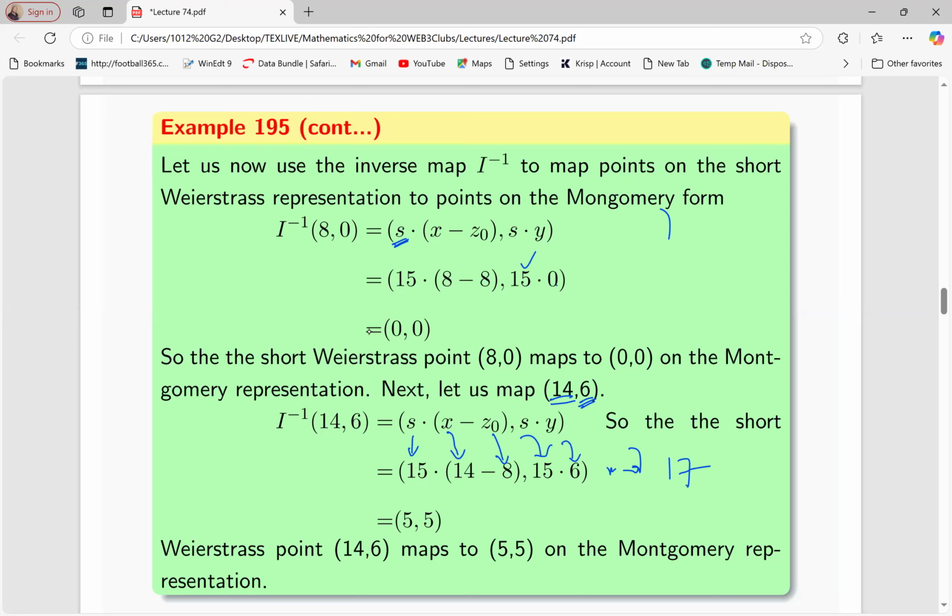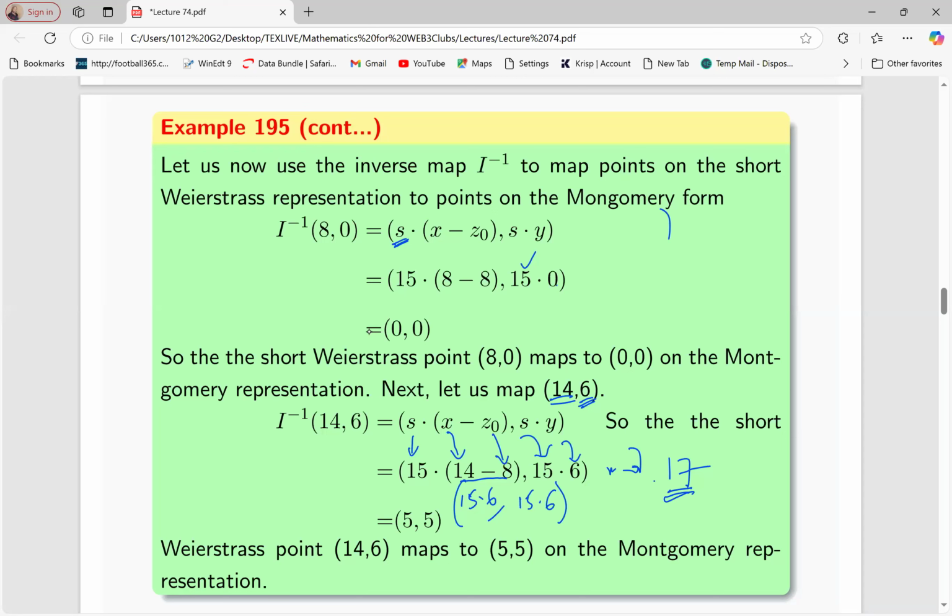So at every time we have to remember that. The first bracket here gives us 6, so you have 15 times 6. And the second bracket here is 15 times 6. So what is 15 times 6? You can use your calculator and then divide by 17 to get the remainder.